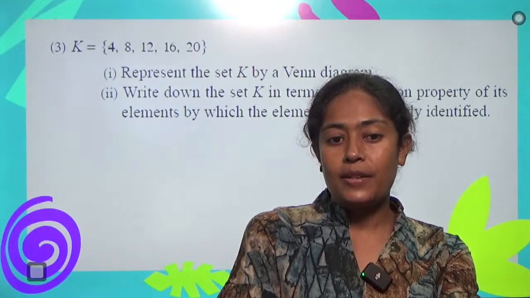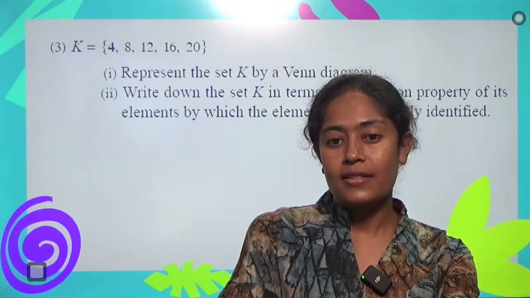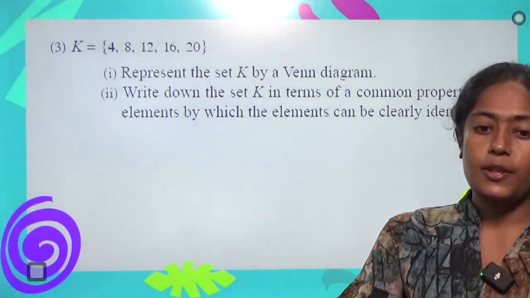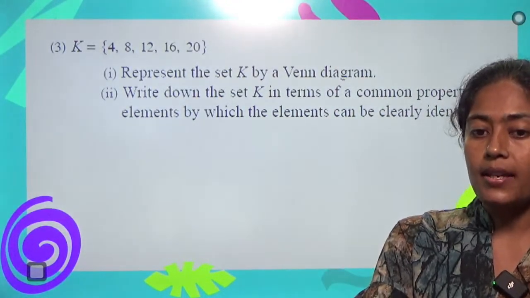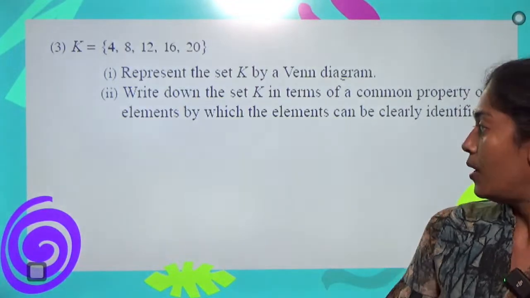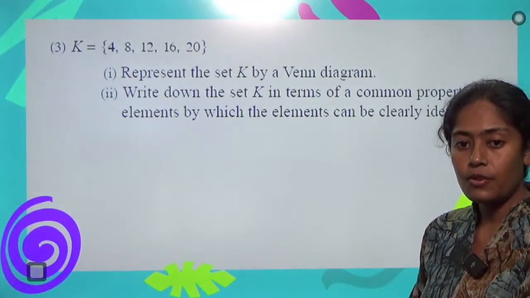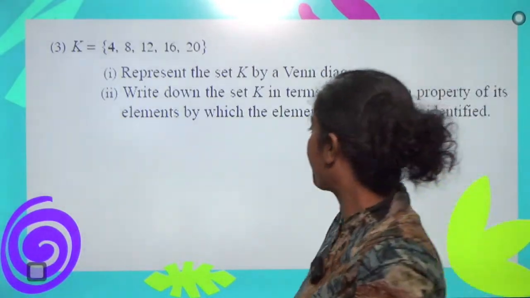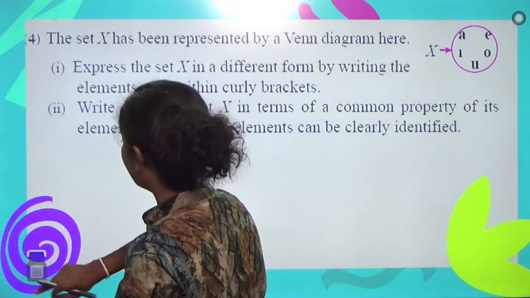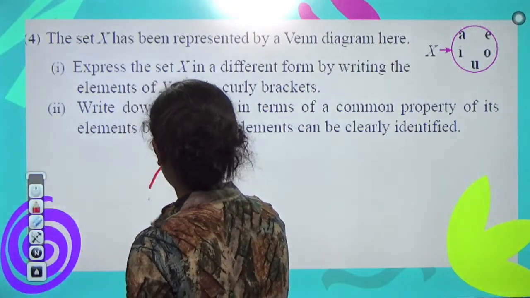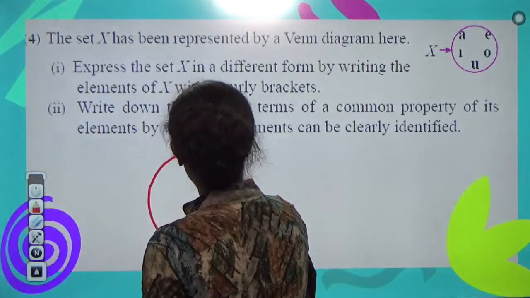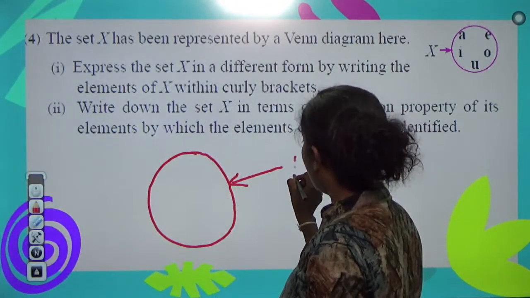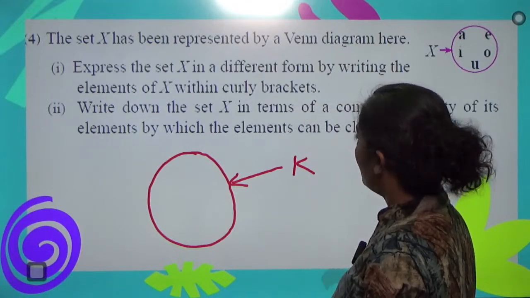Or in between 1 and 21, right? We will see what are the questions. Represent the set K by a Venn diagram. So, within a closed figure you have to write down these elements. I have used a circle, then I have to name this one as K.